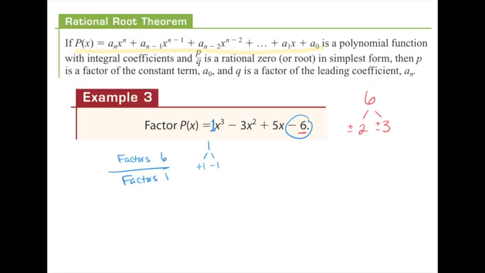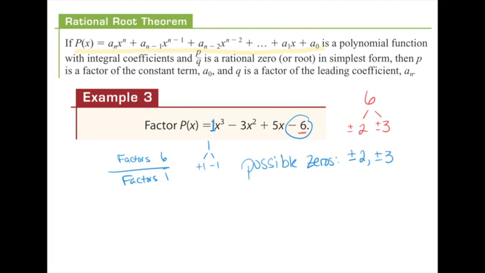Every one of them. And so my possible zeros, that's what they're asking, what are the possible zeros? They are going to be positive and negative 2 over 1, positive or negative 3 over 1.